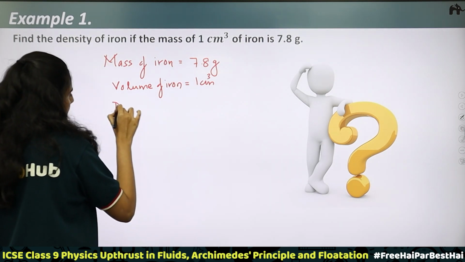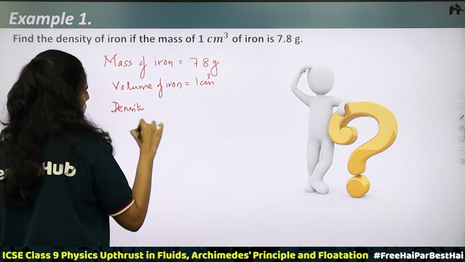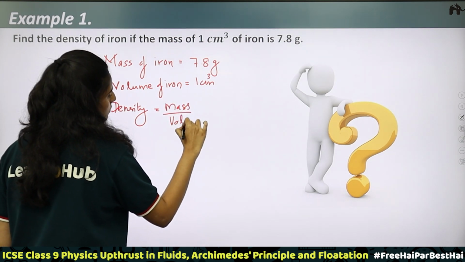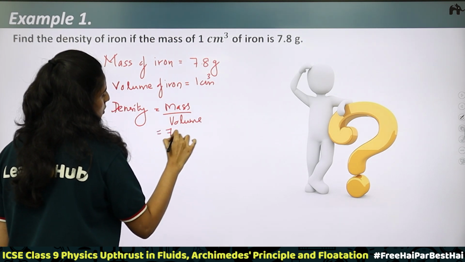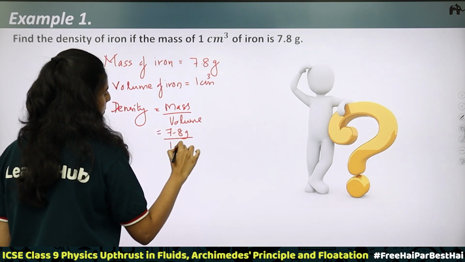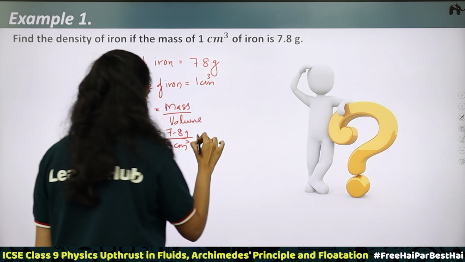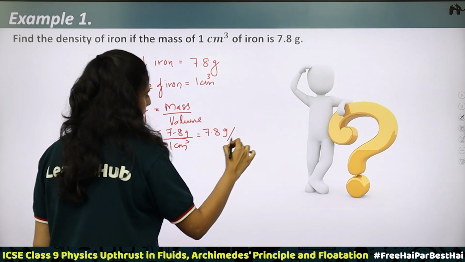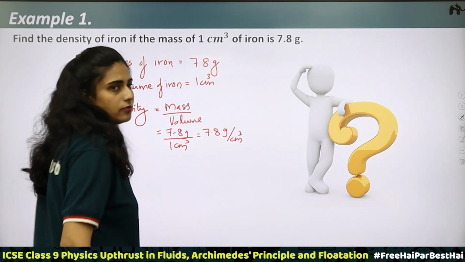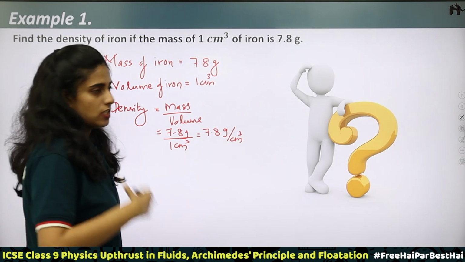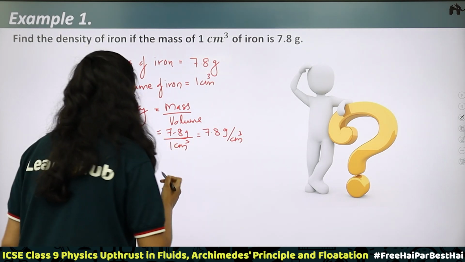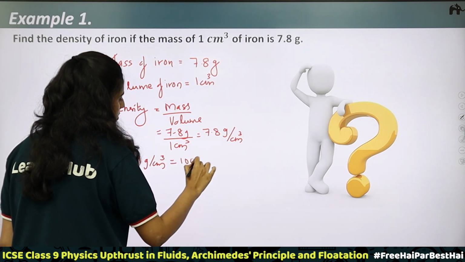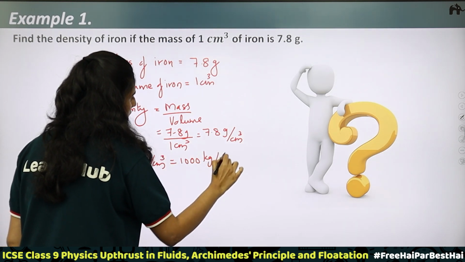Okay, now we can find density. Density is equal to mass by volume. That is 7.8 grams divided by 1 centimeter cube, which is equal to 7.8 gram per centimeter cube. If we need it in the SI unit, what should be done? 1 gram per centimeter cube is equal to 1000 kilogram per meter cube.